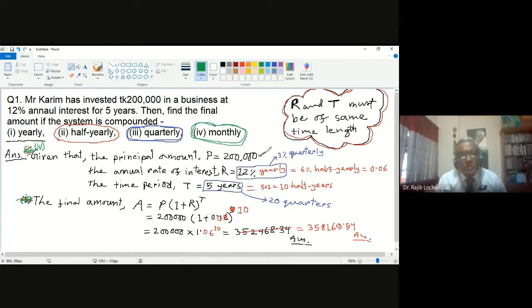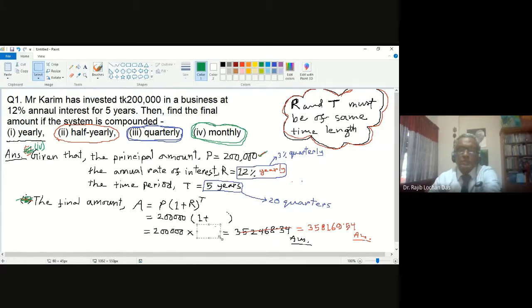It will be the same. And you will write the annual interest rate R is 12% yearly. So 12% yearly means what will be monthly? What will you write for monthly?